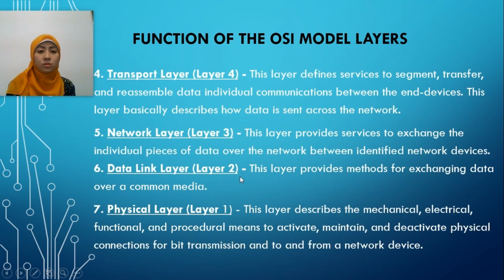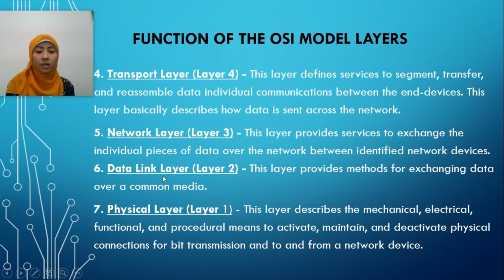Then we have also the transport layer, which is layer 4. This layer defines services to segment, transfer, and reassemble data in individual communication between the end devices. This layer basically describes how data is sent across the network. Then we have the network layer, which is layer 3. This layer provides services to exchange the individual pieces of data over the network between identified network devices.